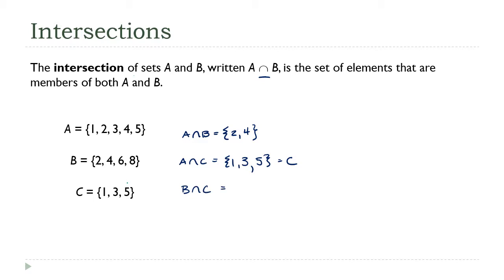Let's walk through C, right? 1 is in C, but not in B. 3 is in C, but not in B. And 5 is in C, but not in B. They have nothing in common. So what am I going to say here? Well, I need a set that has nothing in it. See why we need the empty set? The intersection of B and C is the empty set. It's the set with no elements.